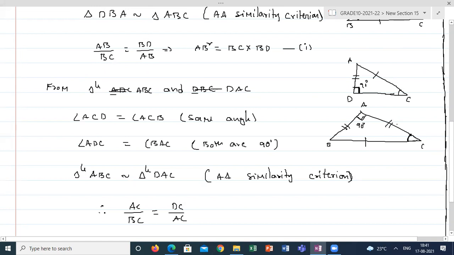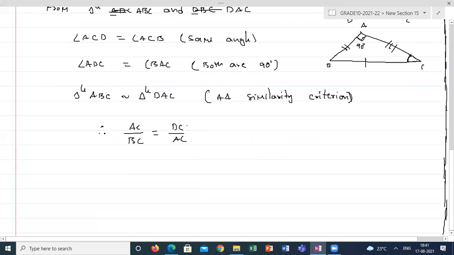So the remaining are AC and DC. So from here I can write AC square is equal to BC into DC. This is my second equation.